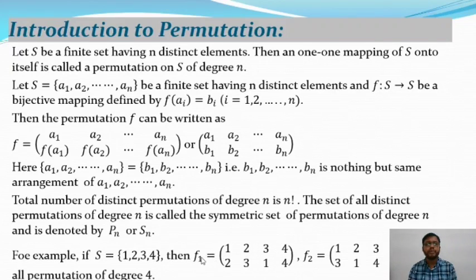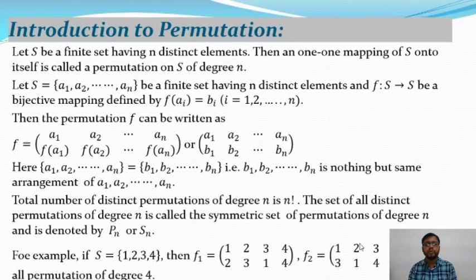the bijective mapping f1. Let f2 be another permutation, and f2 is equal to, in the first row, 1 2 3 4, the elements of the first row, and the elements of the second row are the elements of the codomain set, that means the range set.